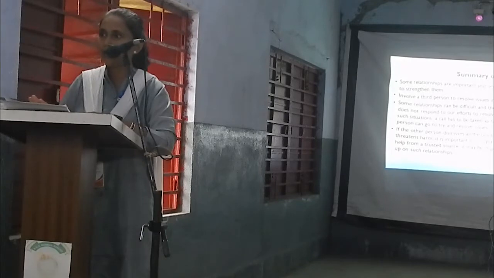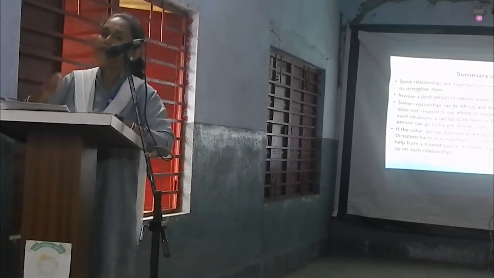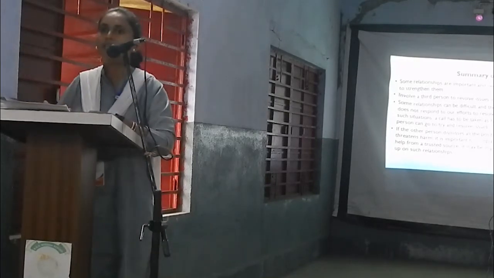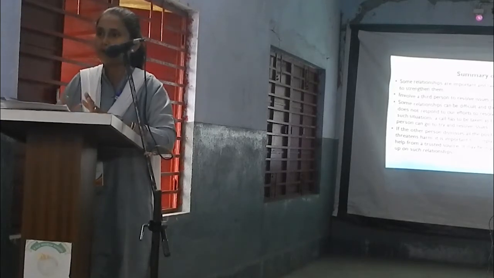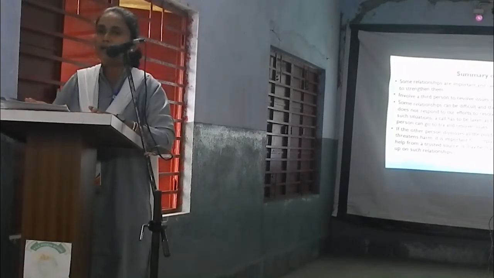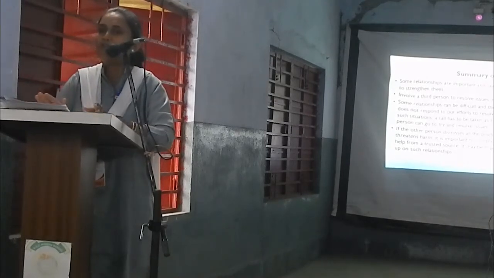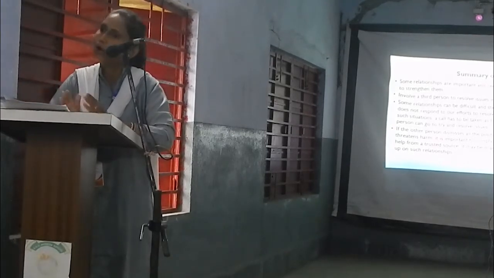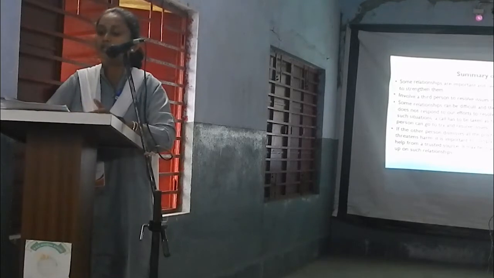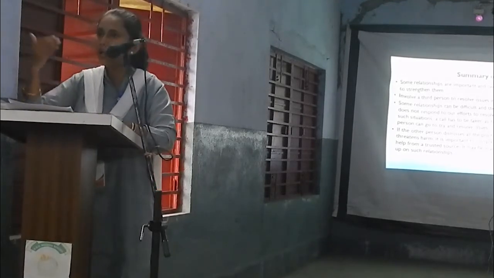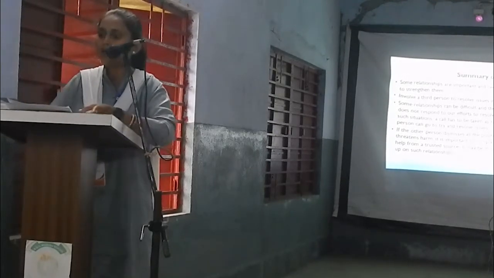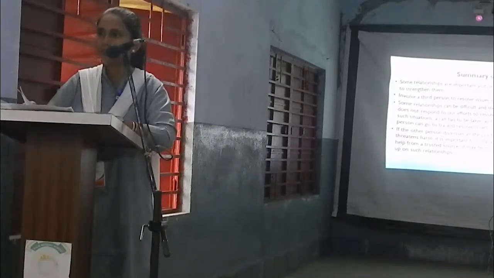Even after involving a third person to resolve the problem, if it also fails, what will you do? When you have done all your efforts, but you are getting no effort from the other side, at that moment what to do? Anyone?